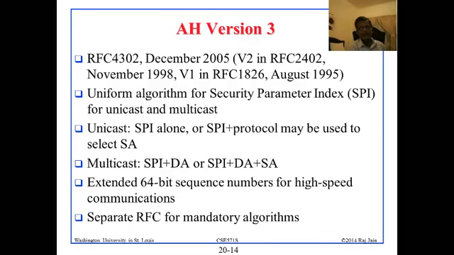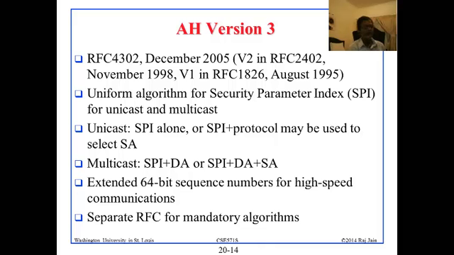And then there are some algorithms which are mandatory. Whenever you select any security mechanism, you have to decide what algorithms you can implement or understand, which encryption, which hashing, and so forth.